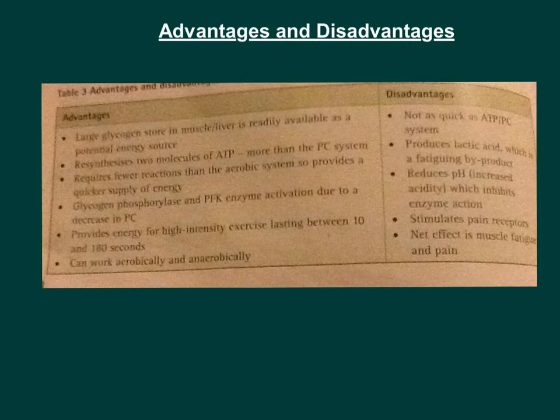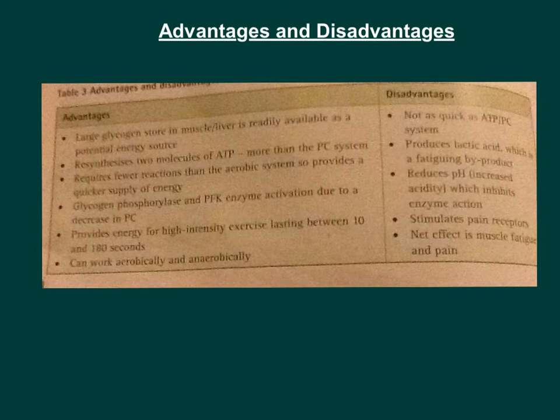So, first, the advantages of the lactic acid system. The large glycogen store in the muscle or liver is readily available as a potential energy source. So we talked about how the glycogen was built up due to carbohydrate intake and is stored in the liver and muscle, and it's there ready to be used relatively quickly.